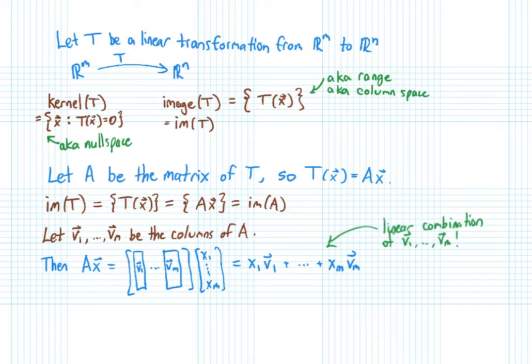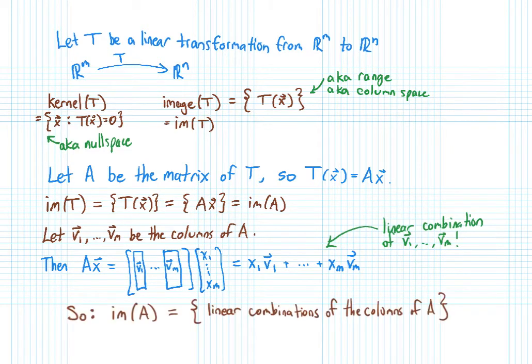Well, this is exactly a linear combination of the vectors v1 to vm. This is what linear combination means, that you multiply the vectors by scalars and then add everything together. And so the conclusion is that the image of A is just the set of all linear combinations of the columns of A. Which, by the way, is why some people refer to it as the column space.